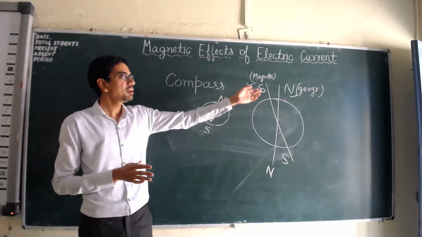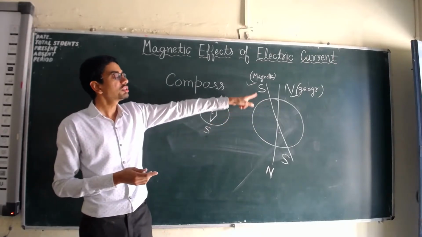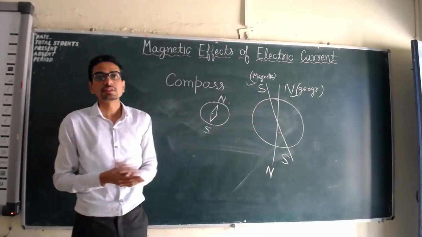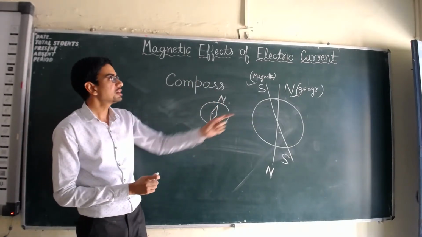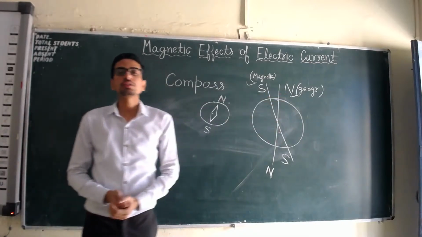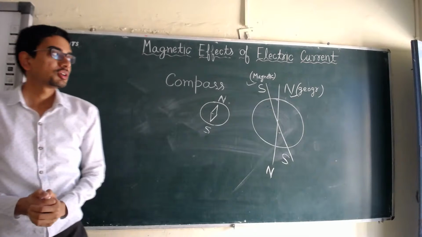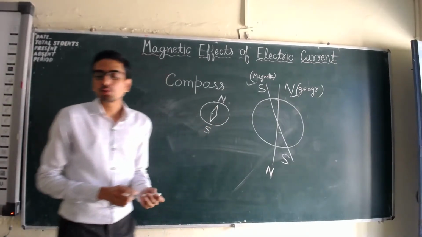Geographical north south means north south direction. Magnetic north south is magnetic poles. So the north pole of the compass points towards the magnetic south pole, which is actually the north direction. That's why compass always points towards north and south direction.